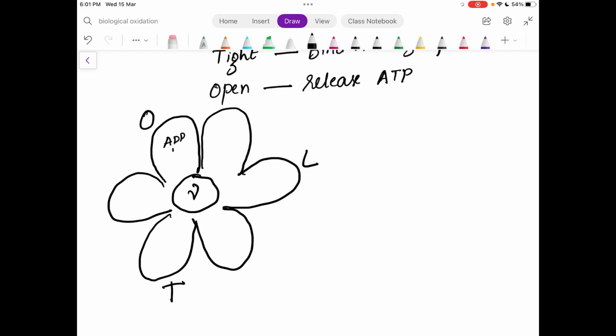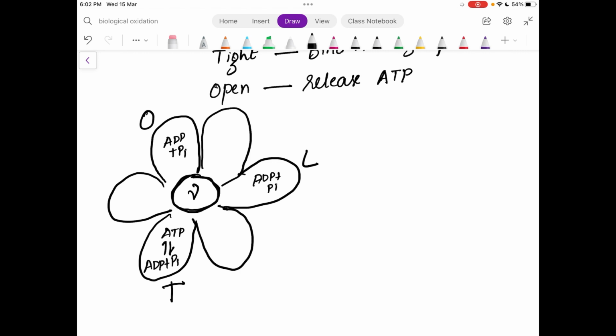Here ADP plus Pi will be there, and here in the loose conformation ADP plus Pi will be there, and here ATP synthesis will occur. ADP plus Pi.